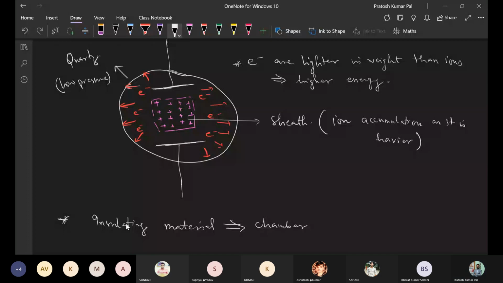Okay, why will it be a negative potential? Because the surface is negatively charged. As the surface is acquiring a potential, that negative potential is called floating potential.